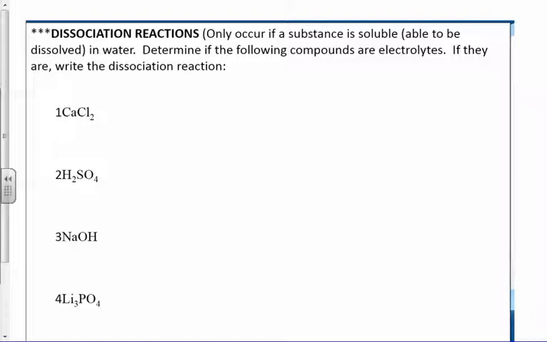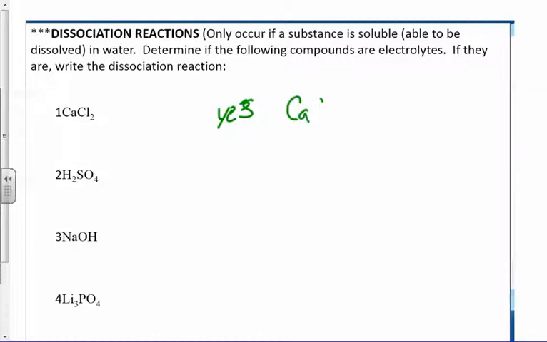So we can take this a little step further. We can actually write reactions that show how the compound dissociates. The first thing we have to see is if it's an electrolyte. Yes, calcium chloride is an electrolyte. And the second thing we have to do is see if it's dissolved in water. And on the prior page we said yes, it does dissociate in water. So let's go ahead and break that down. This is how we write it.